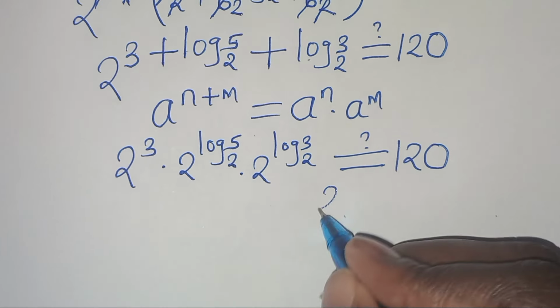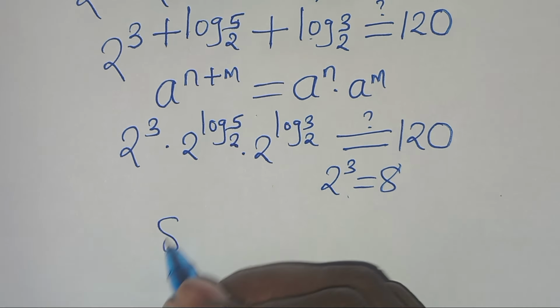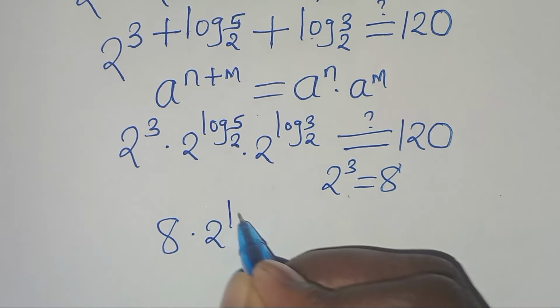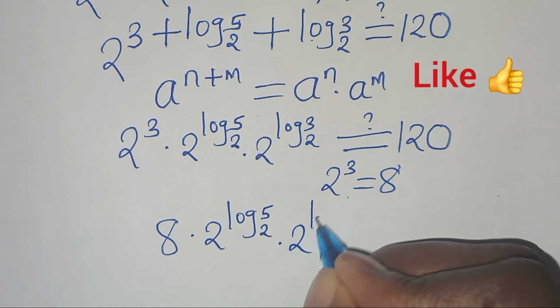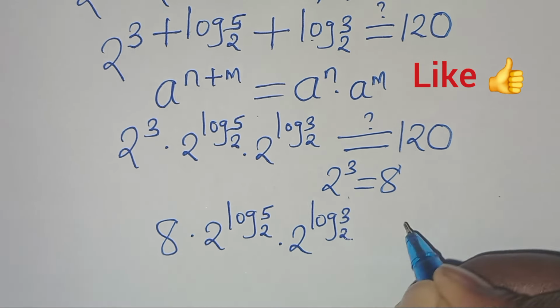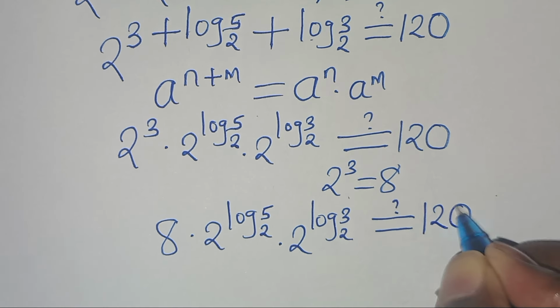So 2 to the power of 3 is equal to 8. So we have 8 times 2 to the power of log 5 to base 2 times 2 to the power of log 3 to base 2. This is supposed to give us a value of 120.